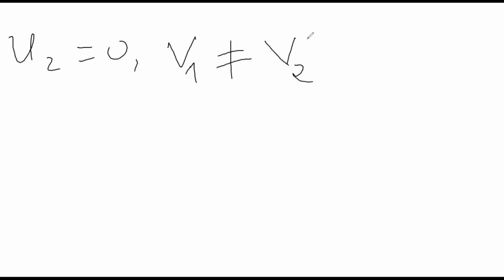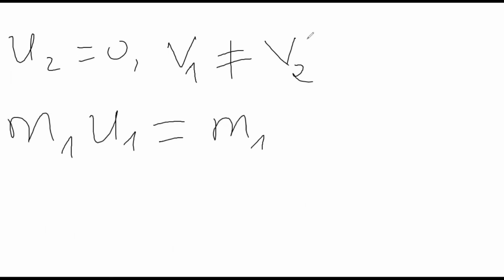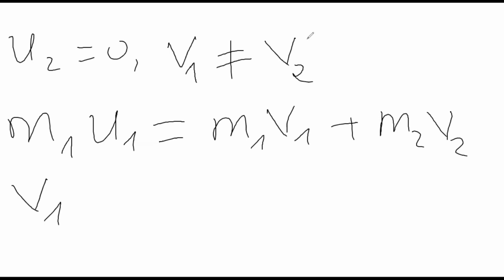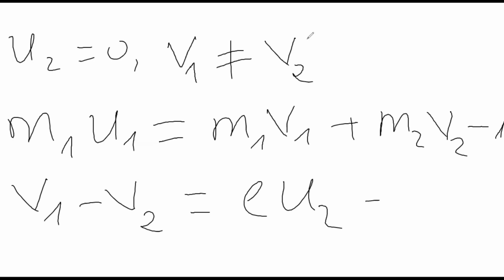In that case, the law of conservation of linear momentum becomes m1 u1 to be m1 v1 plus m2 v2. And Newton's experimental law will be v1 minus v2 to be equal to e u1. This is our equation 1. This is equation 2.